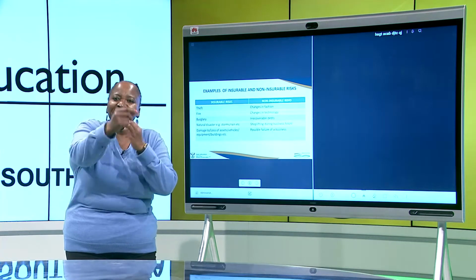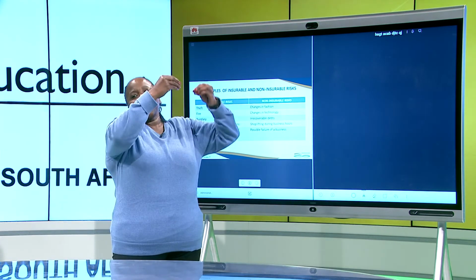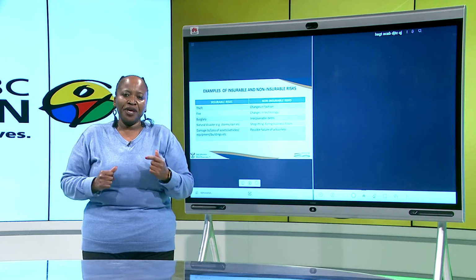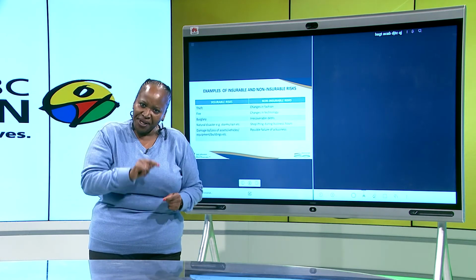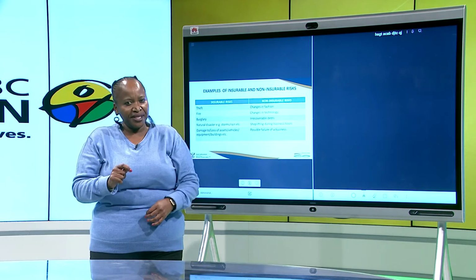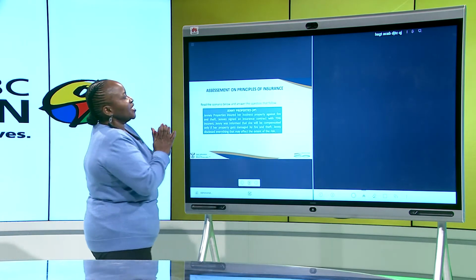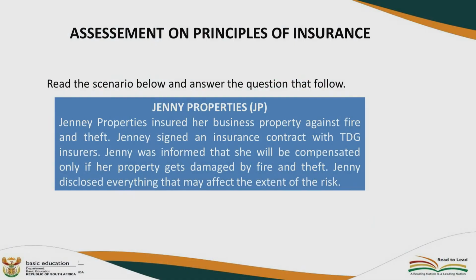So it is not enough to only know the examples of insurable and non-insurable risk. You have to be able to define the meaning of insurable risk and the meaning of non-insurable risk.